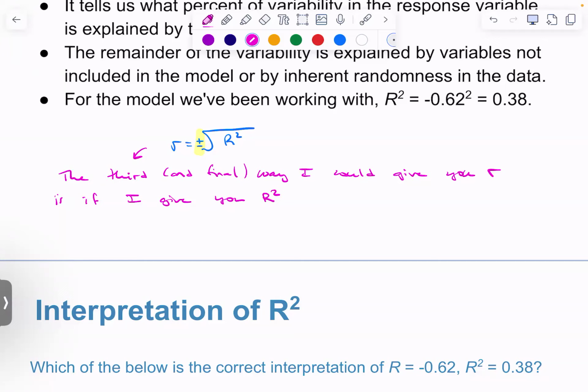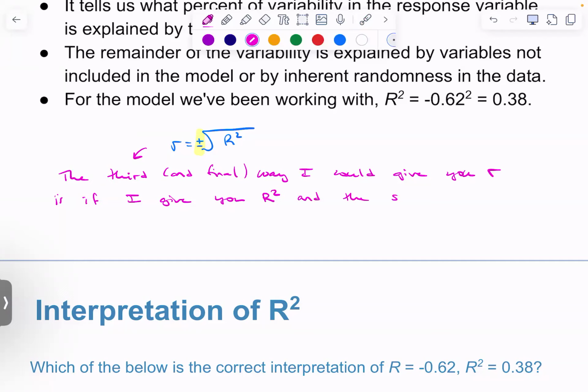Okay? Because why would you need the direction of the relationship? R is the strength and direction of a linear relationship. And so if it's a negative relationship, that's when you tack on this negative. And if it's positive, then you leave it positive, right?